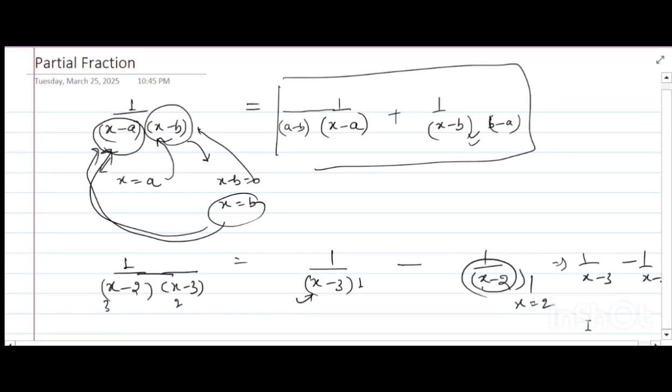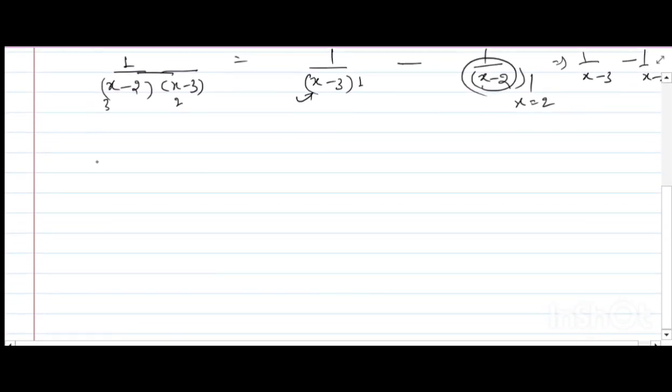Suppose we have x square upon (x square minus 2)(x square plus 4). Suppose x square equals t. So it again has linear factors.